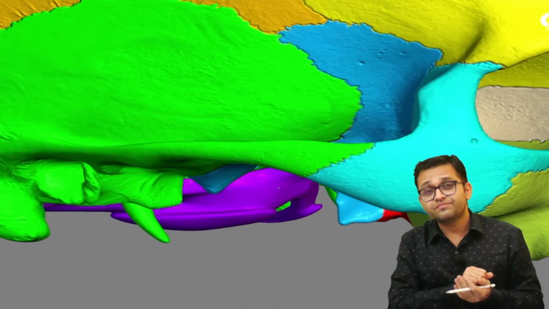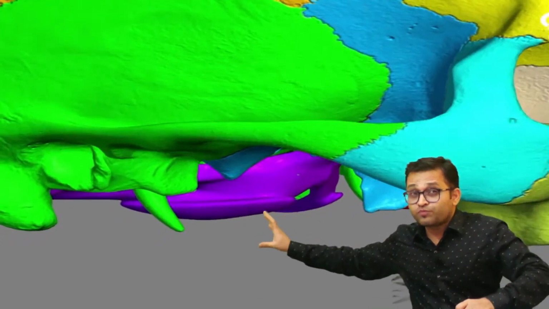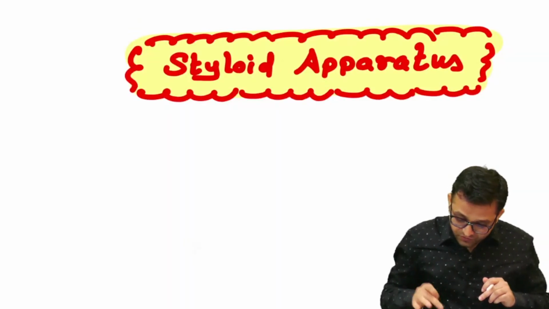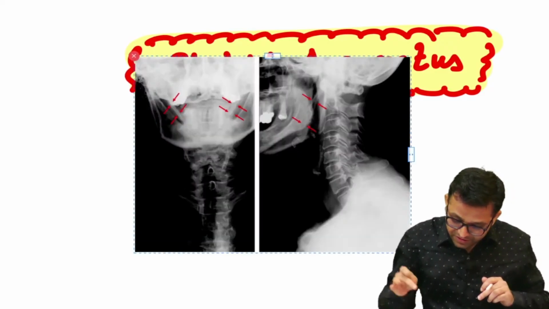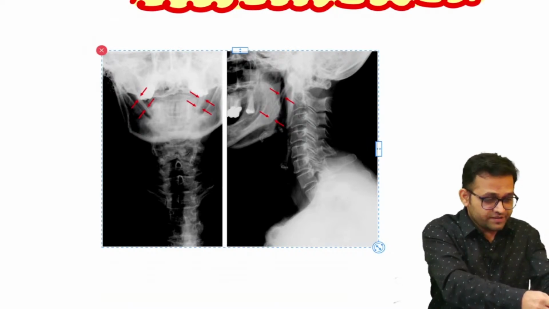Why are we going to learn this? Because in a few people this styloid process is too much elongated. Yes, integrating with your clinical radiology. Catch this point?